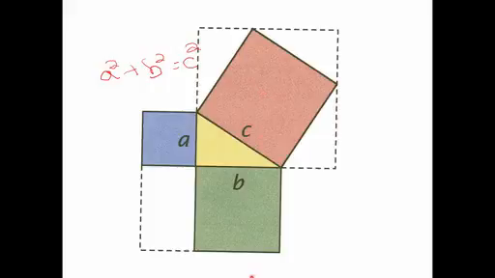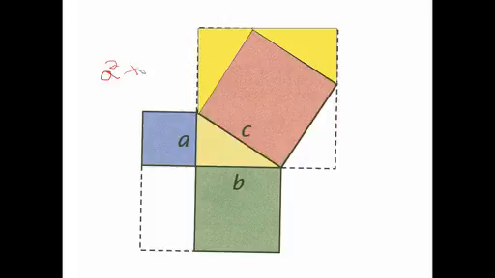What follows is a brief demonstration of that. It doesn't prove it. We're just trying to demonstrate that idea. So what we've done is we've created a square that has the red square inside of it, along with 4 yellow right triangles. Those triangles are the same as the original triangle here.